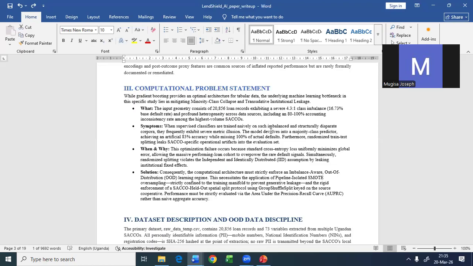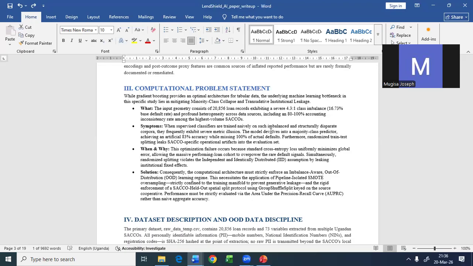We look at the input geometry, which consists of over 20,000 loan records exhibiting a severe class imbalance of roughly 4:1, with a 16.73% default rate, and profound heterogeneity across data sources, including 82% accounting inconsistencies among the highest volume SACCOs. When supervised classifiers are trained naively on such imbalanced and structurally disparate corpora, they frequently exhibit severe metric illusion.